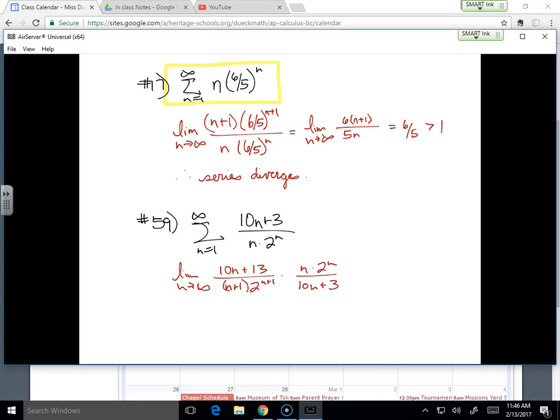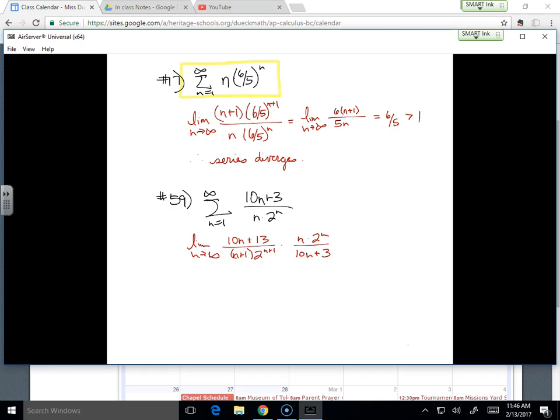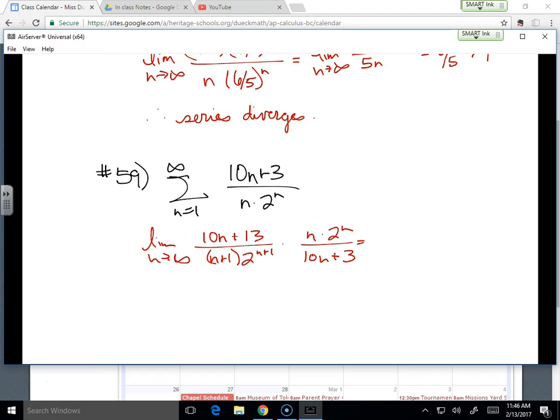Does that make sense? Then you can simplify that. I'm going to have a 2 in the denominator, because that will reduce with that. Then I can have a 10n squared plus 13n, and then I have my 2 out in front.